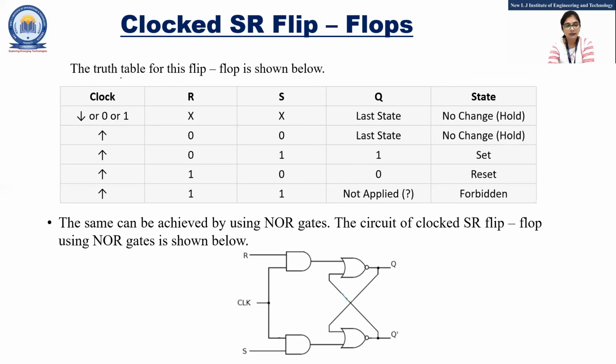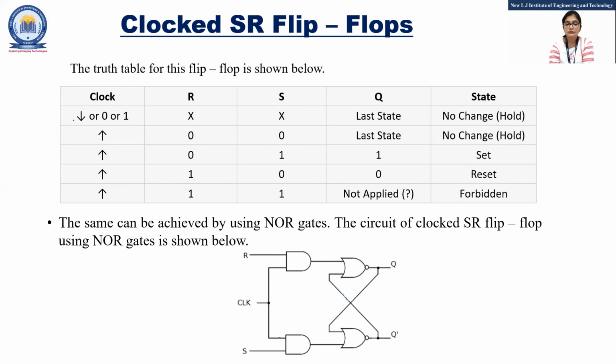So here, you can see, this is a clock input. This down arrow indicates negative edge trigger and the upper arrow indicates positive edge trigger. So whenever we apply a negative trigger, or 0 or 1, means level trigger, level clock pulse, at these combinations there is no change in the output.